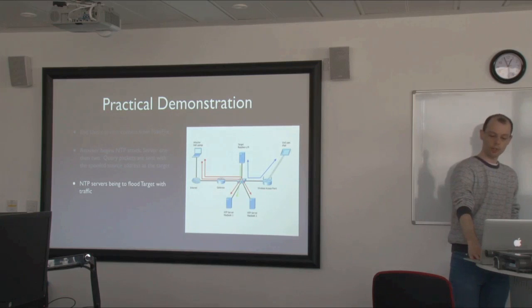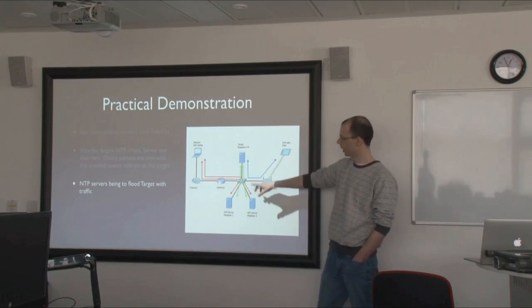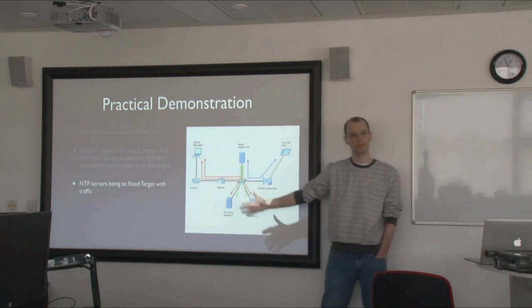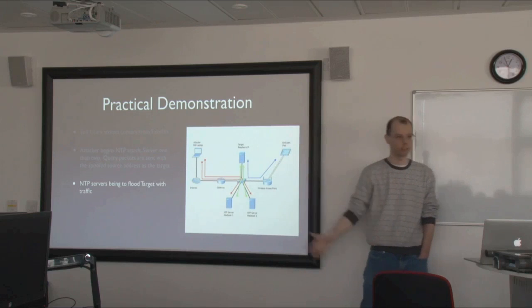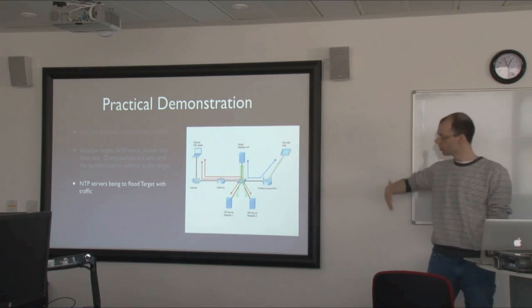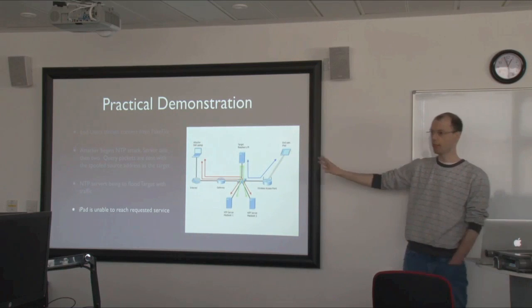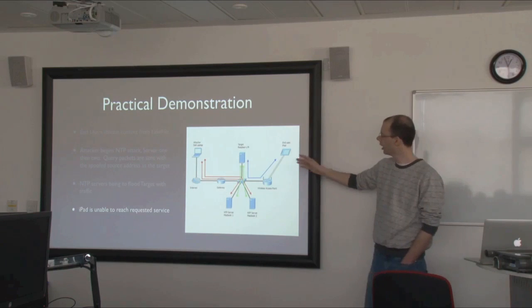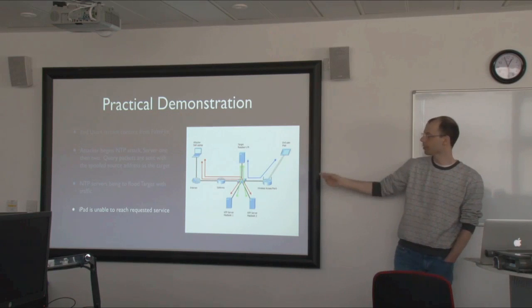Those two time servers will then bounce the traffic back to the Raspberry Pi, because I have spoofed my source address. As far as the time servers are concerned, the Raspberry Pi has kept asking for this data. So the servers reply back to the Raspberry Pi. Eventually, the Raspberry Pi, flooded with traffic, can't keep up. It will be unable to continue streaming traffic to the iPad.